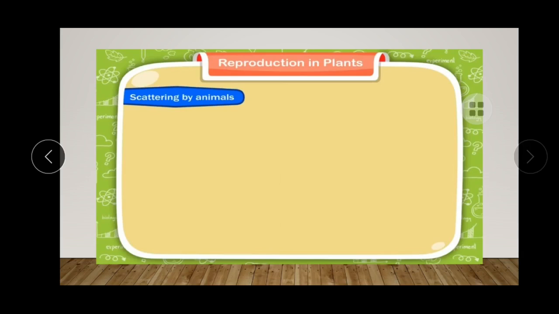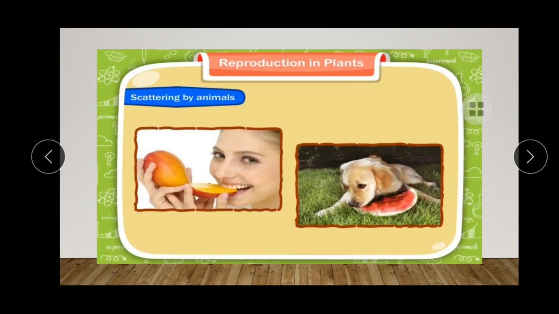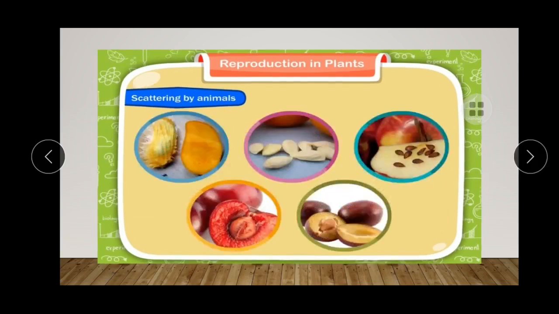The animals or human beings, when they eat, throw the seeds of mango, apple, cherry, plum. As a result, they drop on the ground, and many times, if they get the right condition, they will germinate.